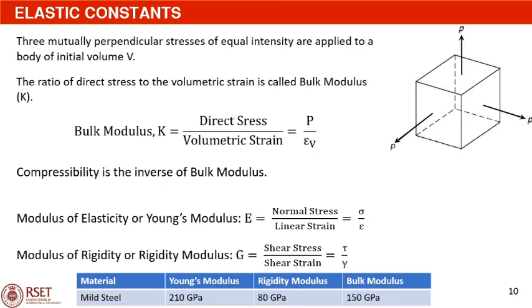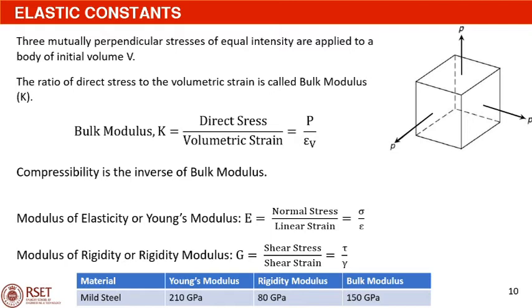So the elastic constants which we have seen are modulus of elasticity or Young's modulus, represented by E, that is the ratio of normal stress to linear strain, equal to sigma by epsilon. The modulus of rigidity or rigidity modulus, also called shear modulus, denoted by G, is equal to shear stress by shear strain, that is G is equal to tau by gamma.